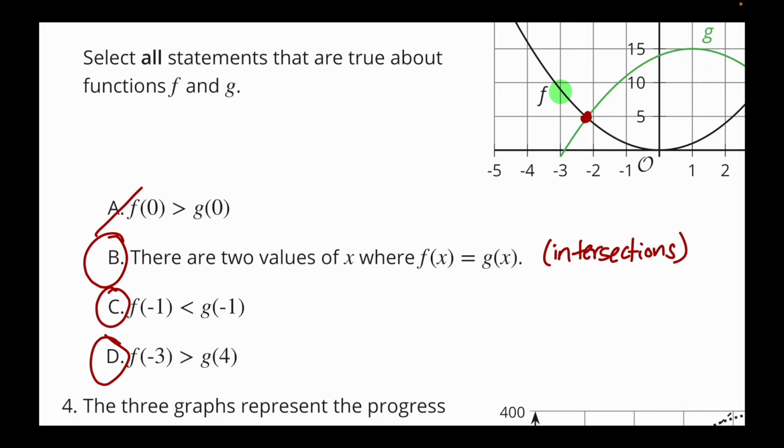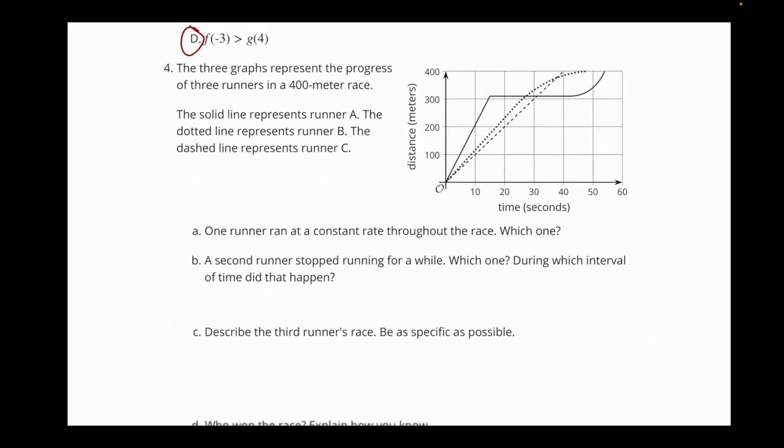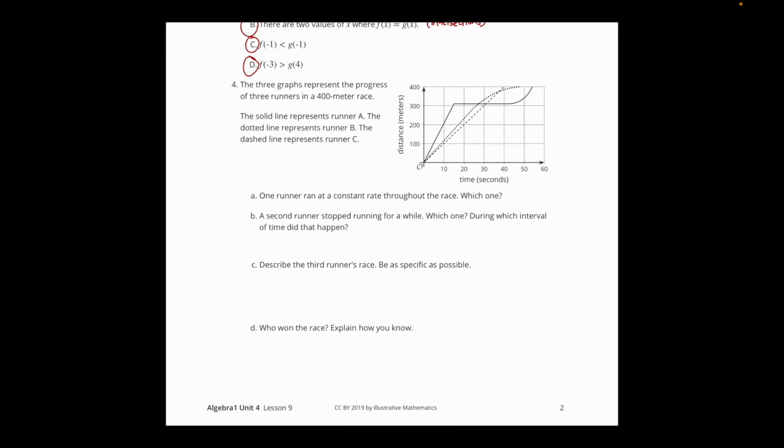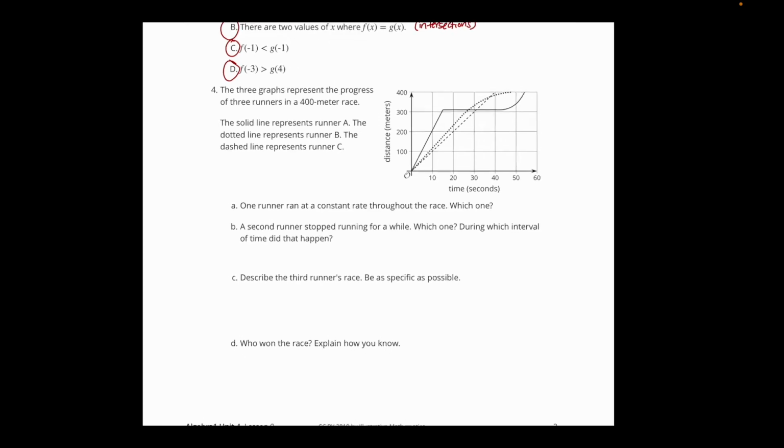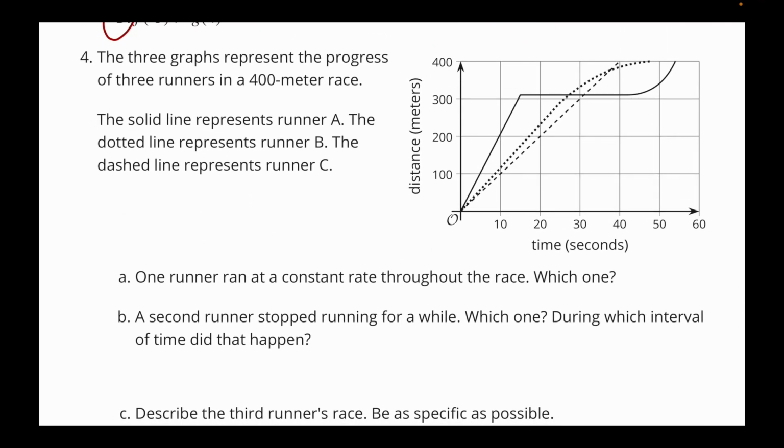All right, so that means we're on to question 4. Let me zoom out a little bit and show the whole question here. So let's zoom in now and we'll just do one piece at a time. The 3 graphs represent the progress of 3 runners in a 400-meter race.